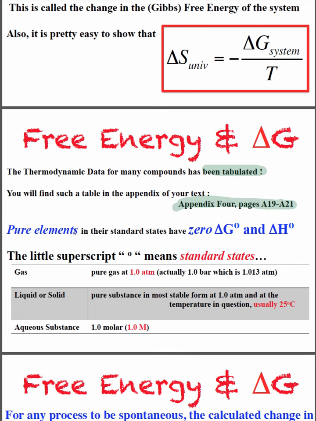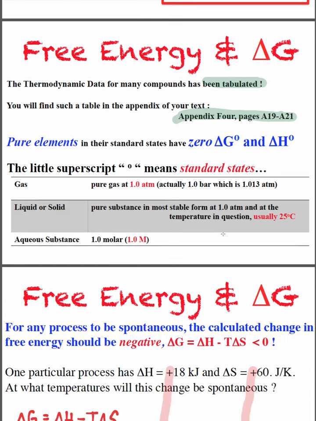The free energy of formation for pure elements is zero, because if I was going to form hydrogen gas from hydrogen gas, there's no free energy change associated with that. So this reminds me that I could use delta G of a reaction, delta G of a system, equal to the delta G of formation of the products minus the delta G of formation of the reactants. But like I said, that's for a different video.